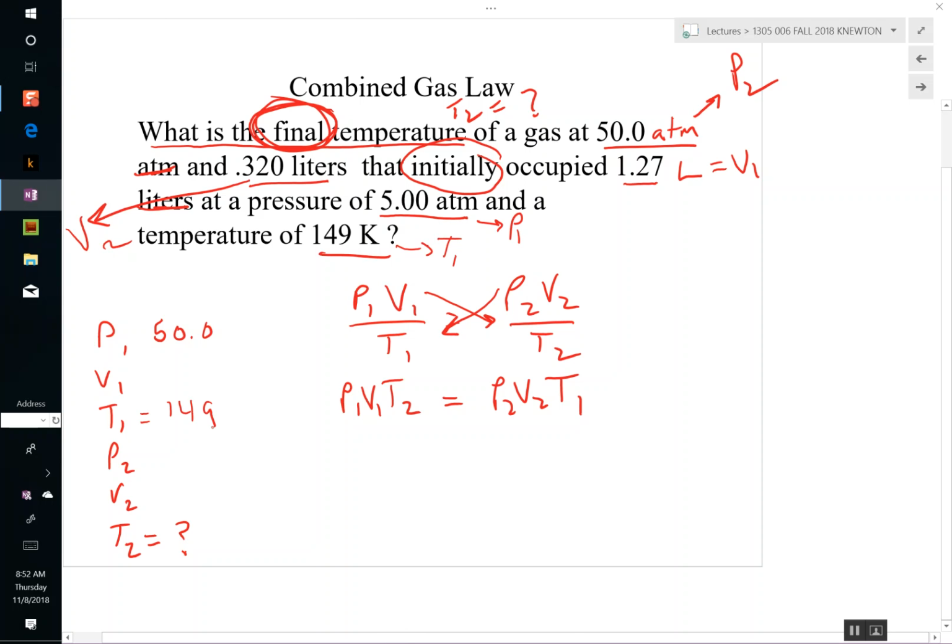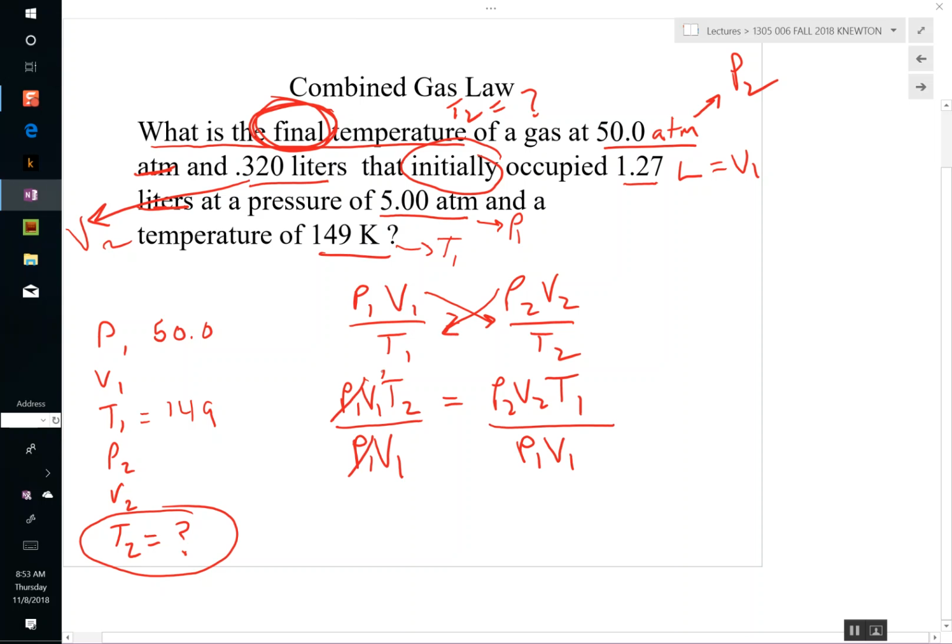All right, as far as I'm going to go here is just rearrange the equation. We're trying to calculate T2, right? So what do I have to do to the combined gas law to get T2 all by itself? Divide by P1 and V1, which means I have to divide this side by P1 and V1.